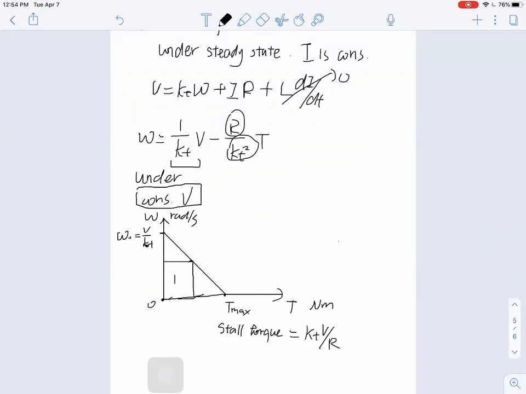Let's call this region 1 and this region 2. We call that point there the nominal operating point. That's the suggested operating point for the motor.